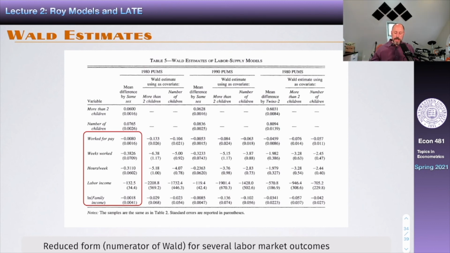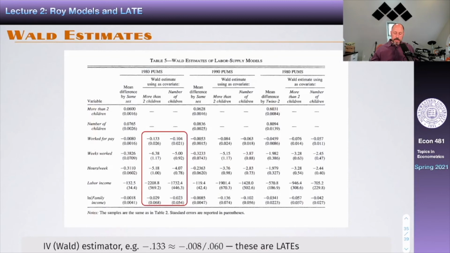These are the numerators. And then when you take the ratio of this over this, okay, for example, the negative 0.13 is just this guy divided by this guy. That's the Wald estimator or the IV estimator. Okay. So in this table, you have all these pieces that give you the construction exactly following the steps that we said before. These are just IV, and these are the LATEs.